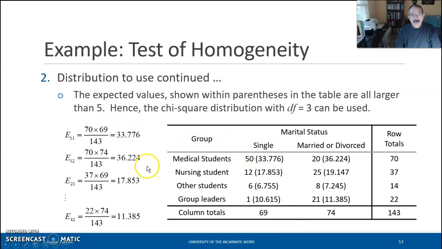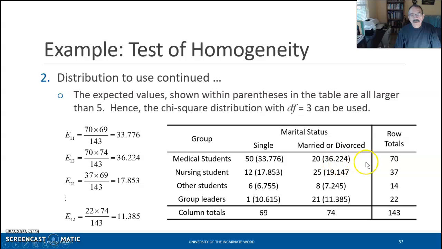how we calculate the expected values, which is we multiply the marginal frequencies of the rows times the marginal frequencies of the columns, like 70 times 69, and divide that by the total frequency, 143. That gives you the expected value for the first cell.